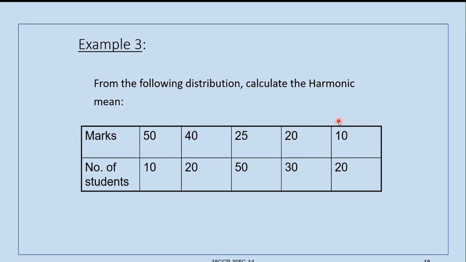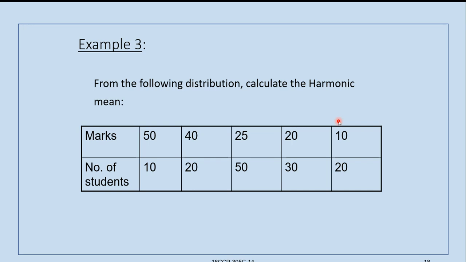So you can simplify that. That means 1 by 50 into 10 is 1 by 5, that is 0.2. 1 by 40 into 20 is 1 by 2, that is 0.5. 1 by 25 into 50 is 2, and 1 by 20 into 30 is 3 by 2, and 1 by 10 into 20 is 2. So these values are taken and added.